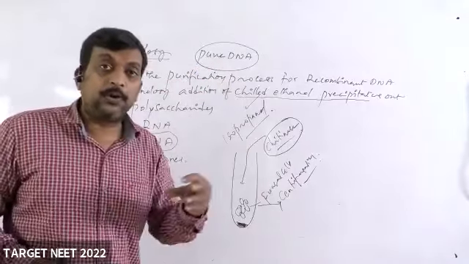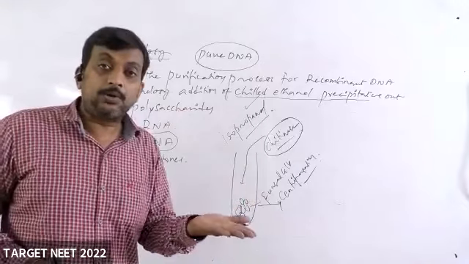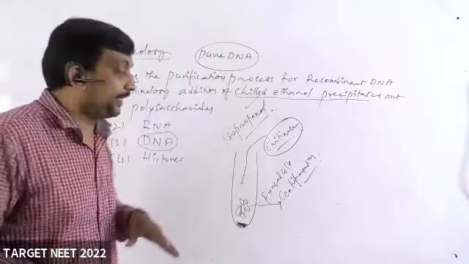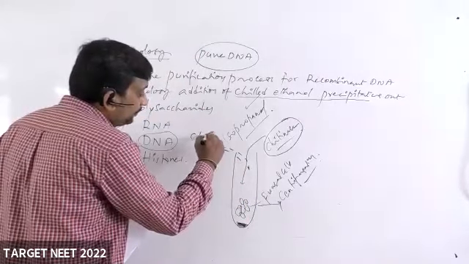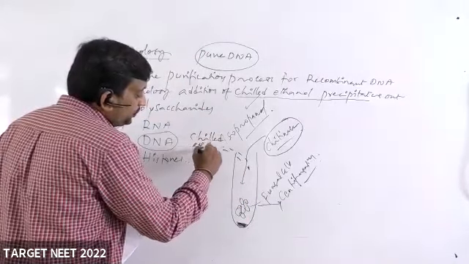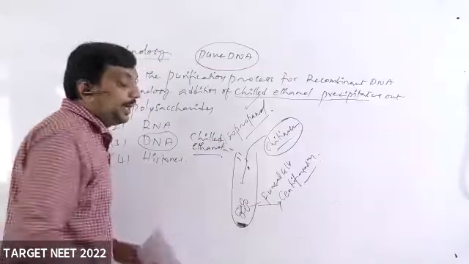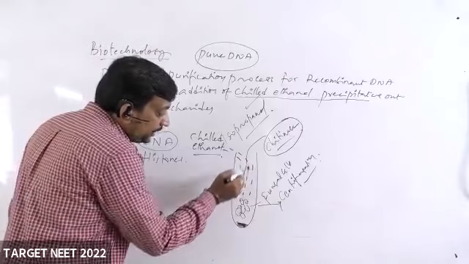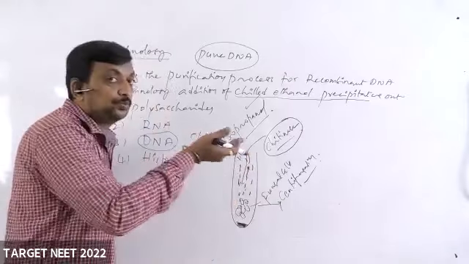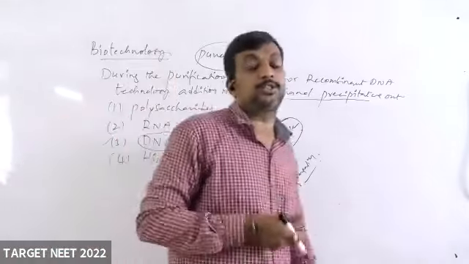To precipitate it out from a test tube, we have to add chilled ethanol. After adding the chilled ethanol, the DNA molecule will precipitate out and it will come above the test tube, right?